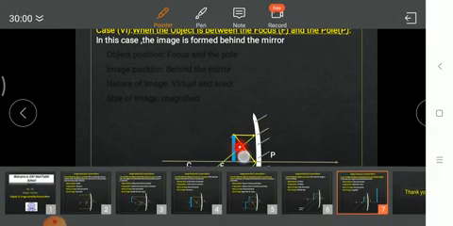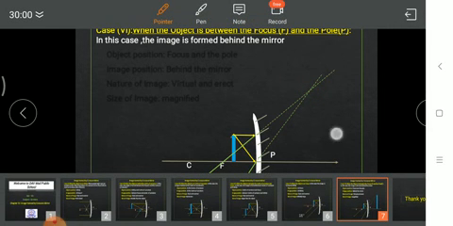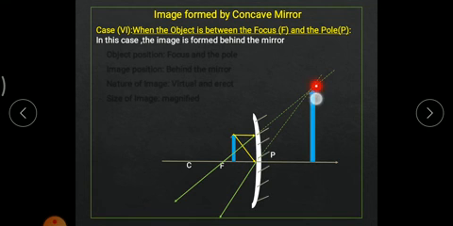This green reflected light ray path I trace backward in this direction, and similarly I trace this reflected light ray path backward in this direction. Now the traced paths of the reflected light rays intersect over here. So the image would be obtained at the intersection of the traced paths of the reflected light rays. So the image is obtained over here.